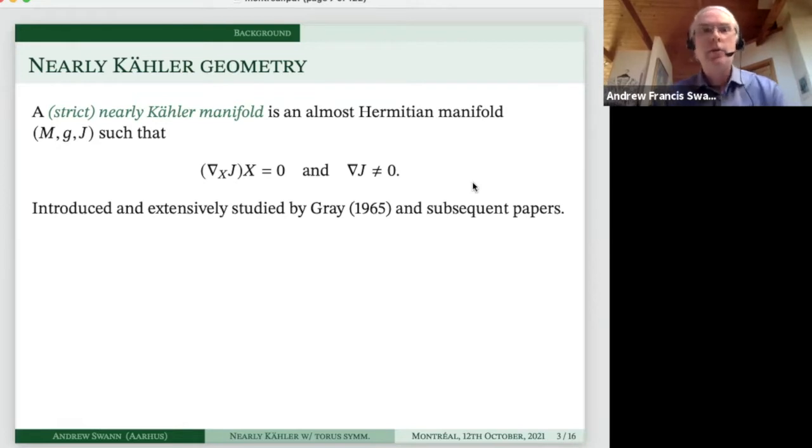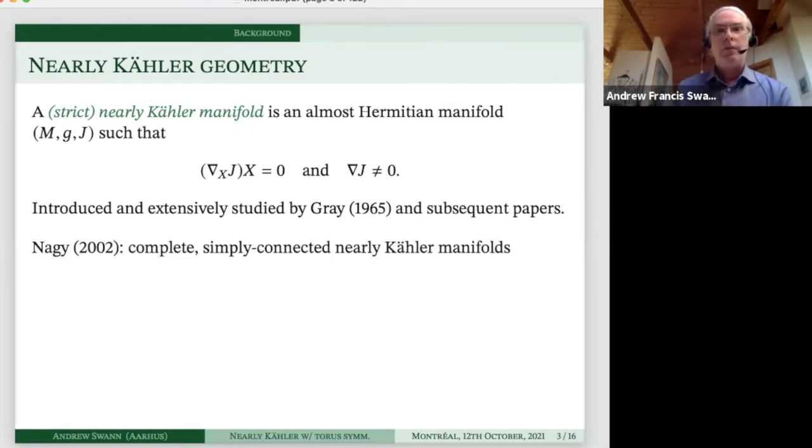So these were introduced a while ago, actually the year I was born, in the paper of Gray in 1965, and studied by Gray in many papers over the following 10 years or so. One of the important results that came more recently is by Paul-Andi Nagy, who gave a general structure theory for nearly Kähler geometry.